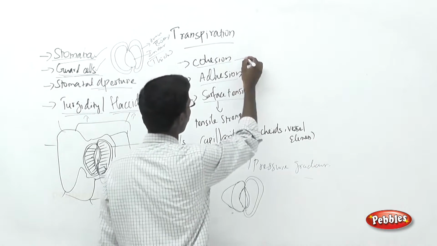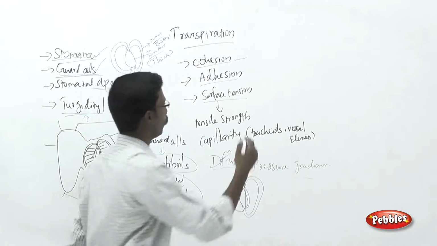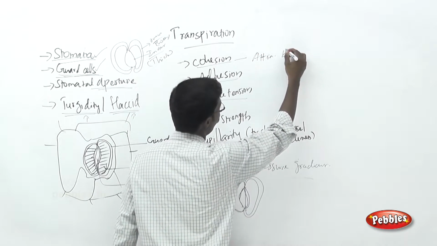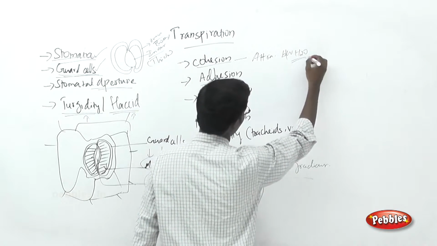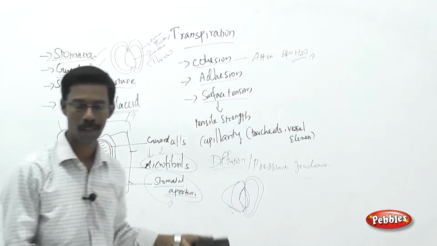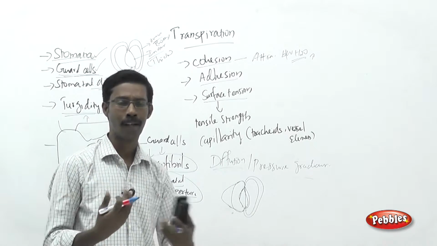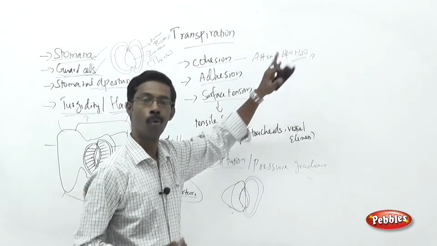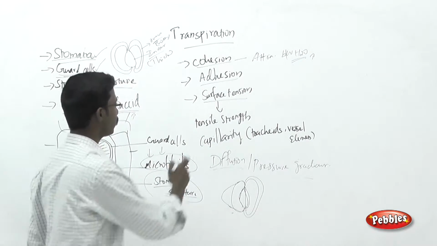Cohesion refers to the attraction between water molecules. Okay, so that property is called cohesion. This is by means of the hydrogen bonds, and they are attracted towards each other. So this attraction between the water molecules in a link is called cohesion.